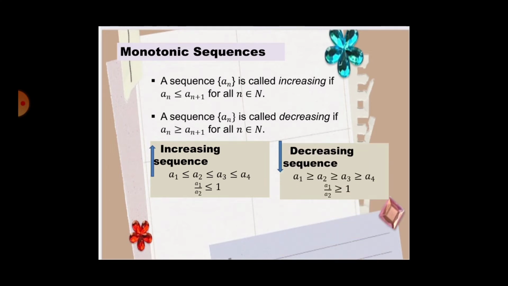It is a decreasing sequence if a sub 1 is greater than or equal to a sub 2, greater than or equal to a sub 3, greater than or equal to a sub 4. A sub 1 over a sub 2 is greater than or equal to 1.